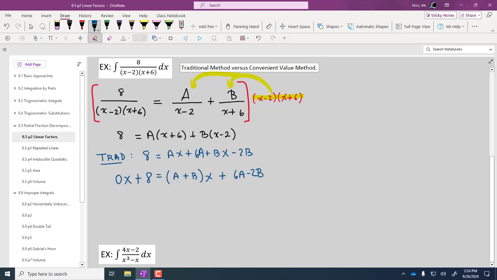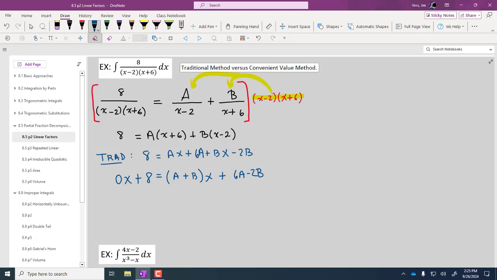The left side is a polynomial. The right side is a polynomial. The only way two polynomials can be equal is if corresponding coefficients are the same. It's the only way. It's the only way two polynomials can be equal.